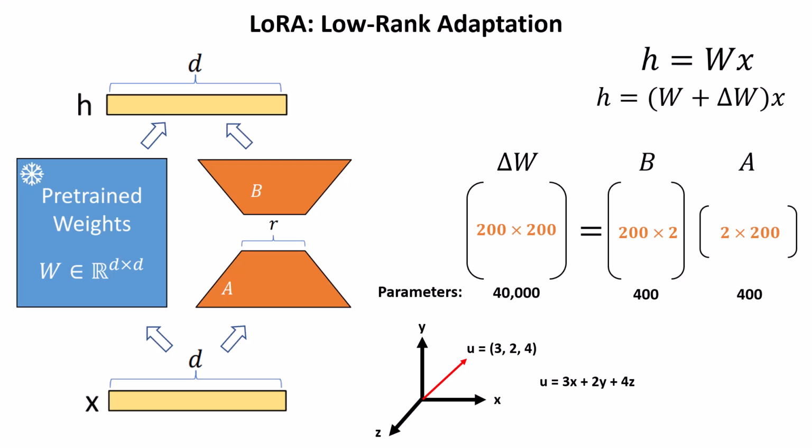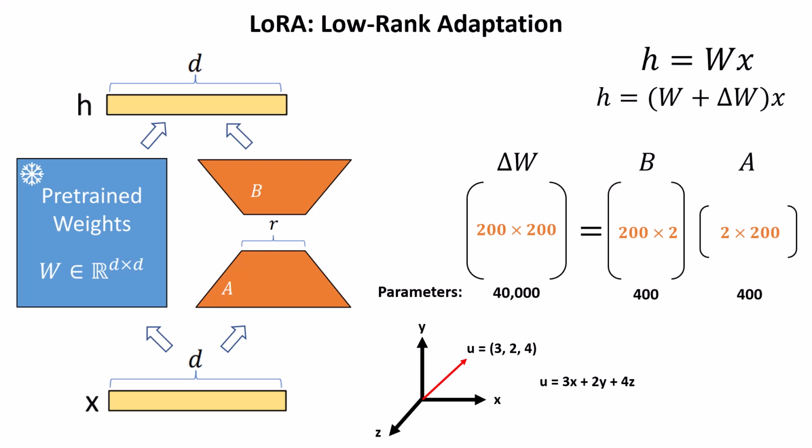And in a matrix like delta W, we have 200 columns, meaning 200 different vectors. But some of them can be represented by a combination of the others, and we don't know that. So this rank is a hyperparameter that I set here to be 2, meaning that out of these 200 vectors, I only select 2 of them.